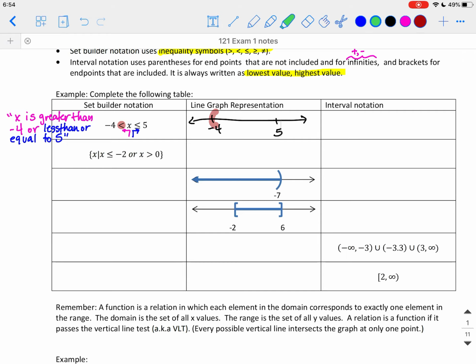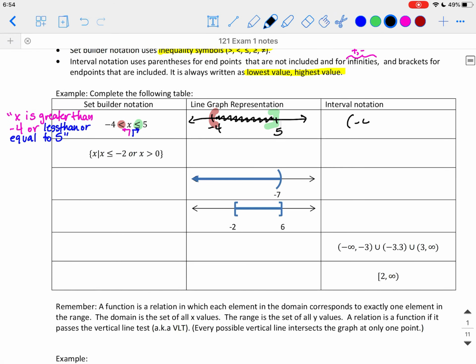And because of the less than or equal to, we're going to have a bracket right here. And technically everything else in between is also our answer. So for interval notation, it's going to be parentheses -4, again because the x is only greater than -4, it's missing the equal to part. And for 5, since it's less than or equal to, it's going to be a bracket because it has the equal to part.